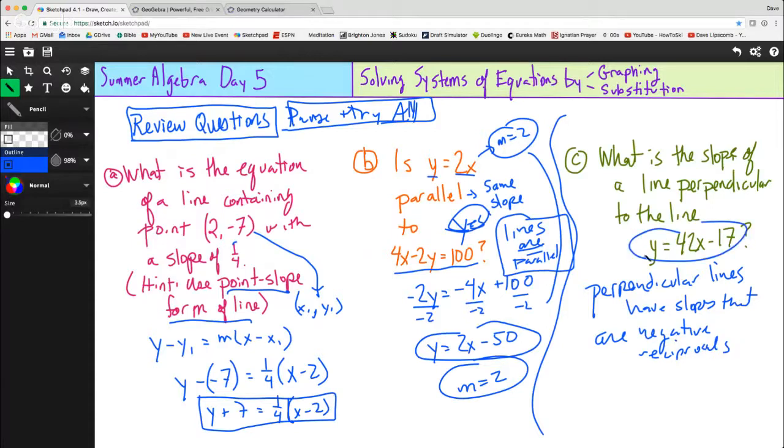So this has a slope equals 42. So the negative reciprocal is 1/42, but negative. And so that would be our slope of the perpendicular line.